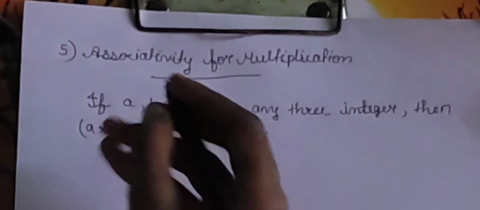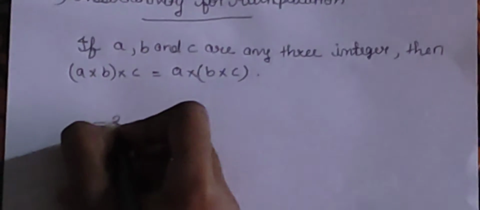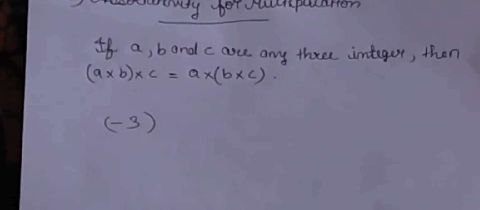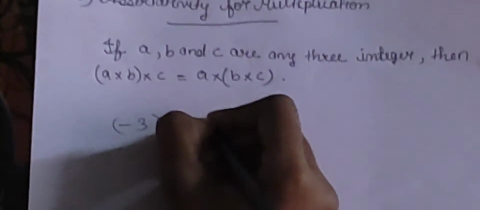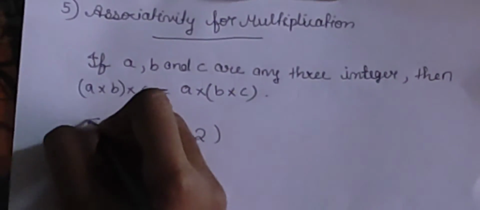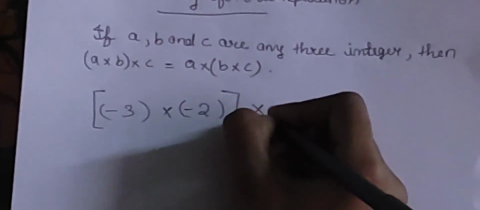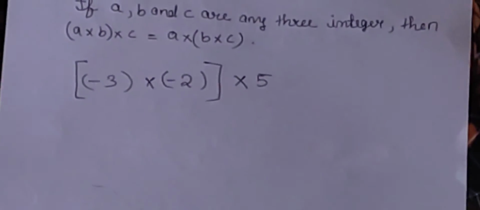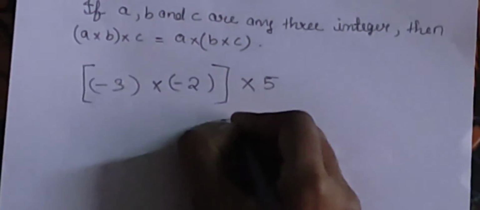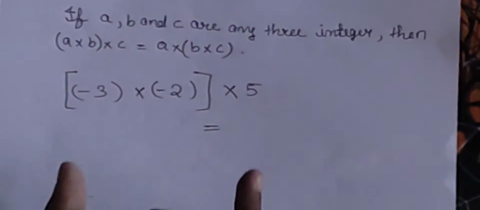For example, (negative 3 into negative 2) into positive 5 is equal to, first we do the numbers given in the brackets.